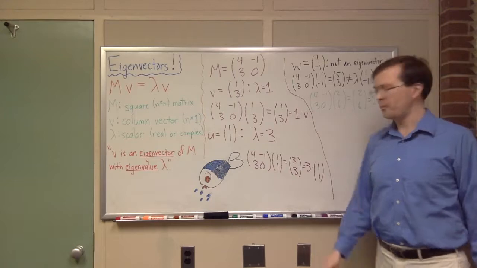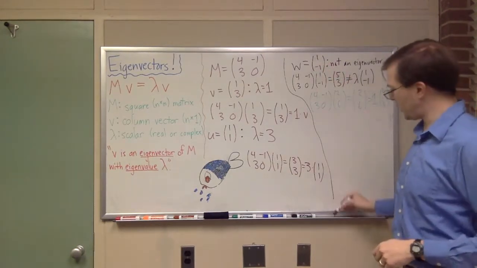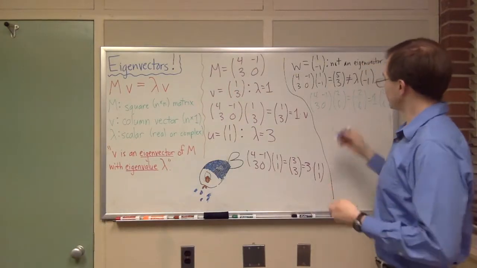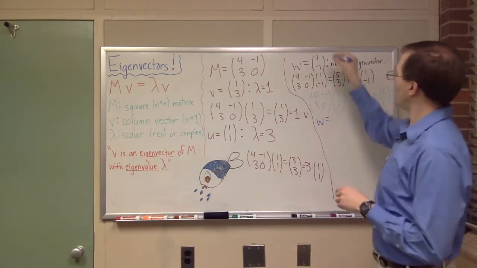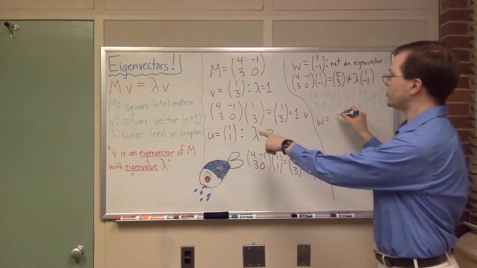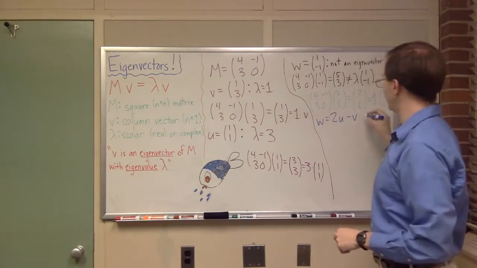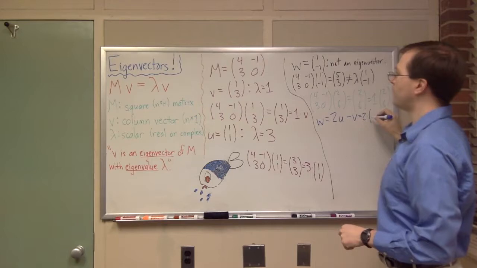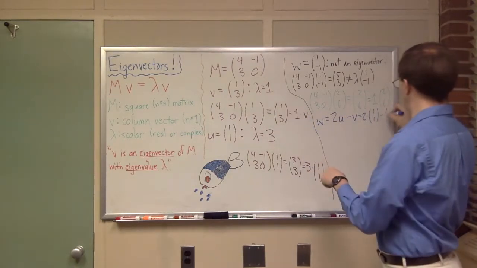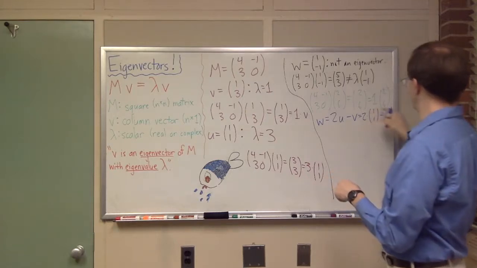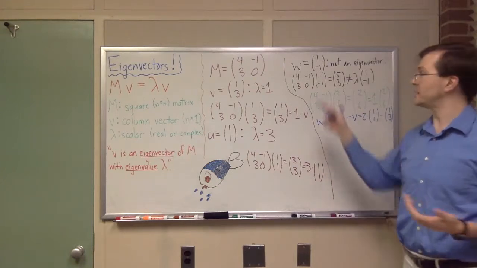Something that's kind of cool though, if you look at our w up here, w was equal to 2 copies of u minus 1 copy of v, right? 2 times my u was 2, 2, minus 1 copy of 1, 3. That will give me 2 minus 1 is 1, and 2 minus 3 is minus 1. That'll give me my w up there.